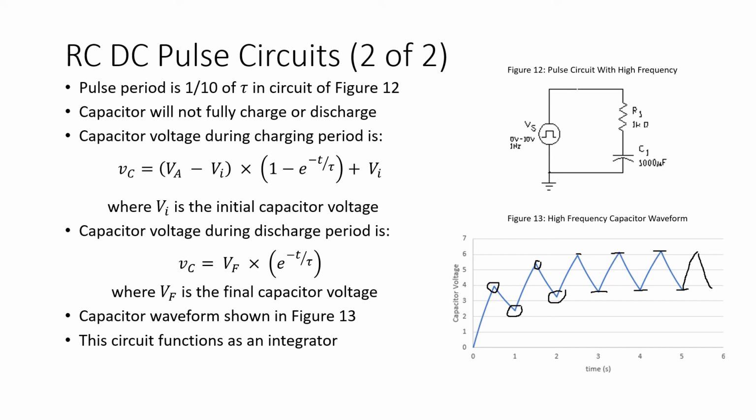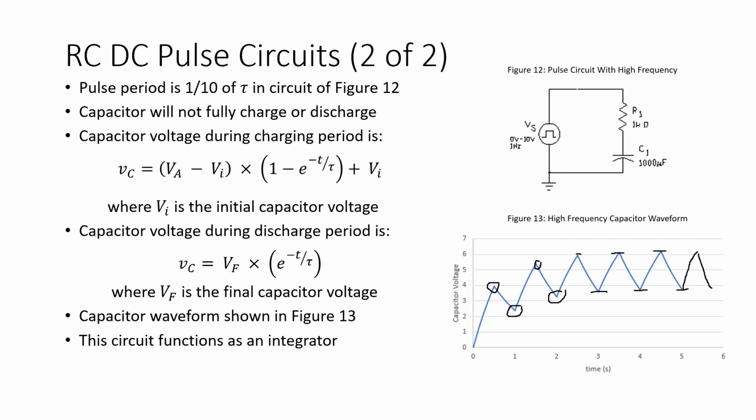Now, looking at this circuit of figure 12, notice the source voltage goes from 0 volts to 10 volts. It's assumed to have a 50% duty cycle, which means the positive period equals the 0 volt period. So the average of the source voltage is 5 volts.